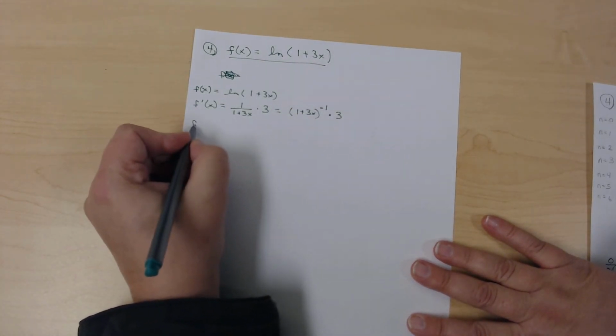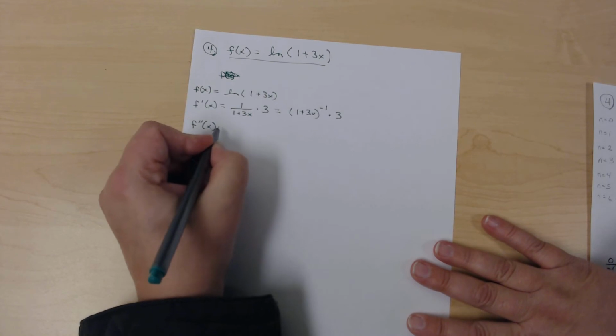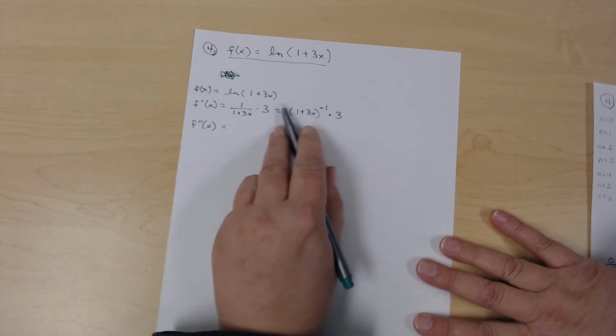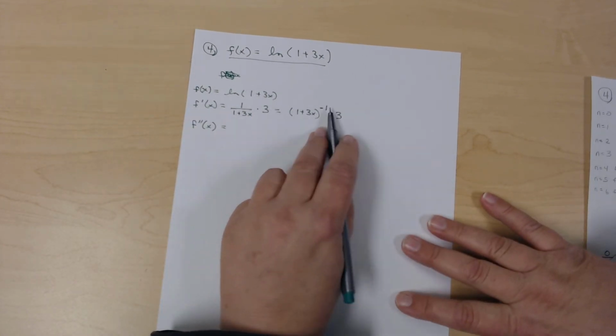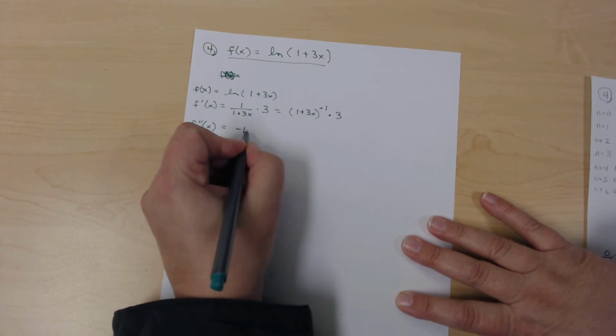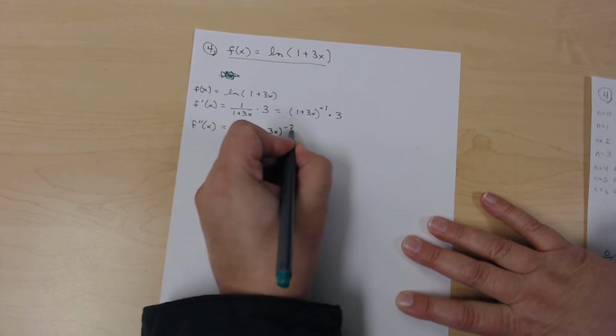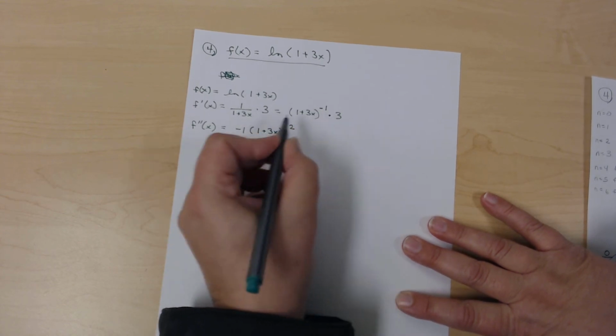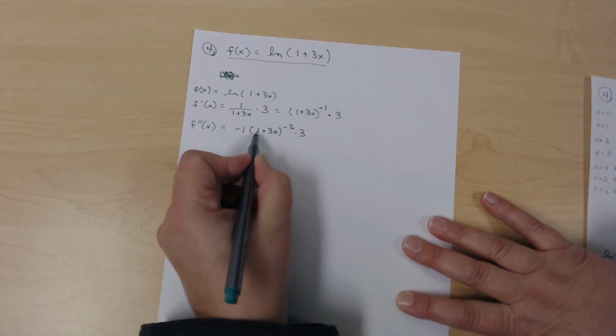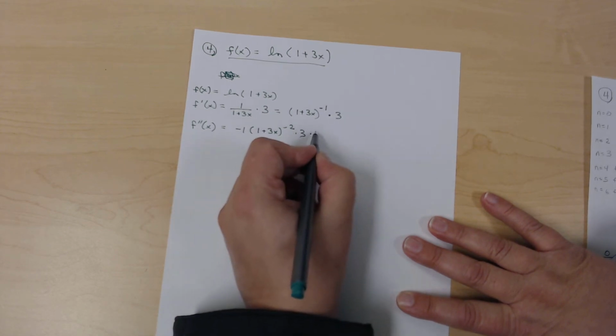Okay, the second derivative. Now we're going to roll it down, subtract 1. Roll it down, I get a negative 1, 1 plus 3x to the negative 2. I've got this 3, but I have to take the derivative of this quantity, so times 3.